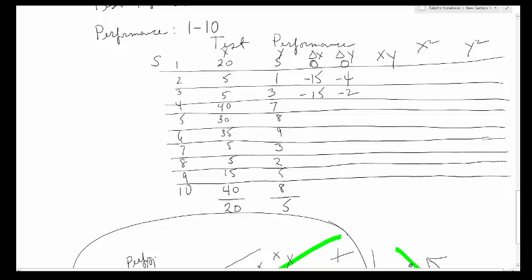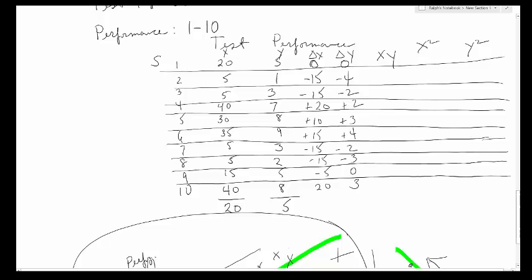And the next is 40 minus 20, a plus 20, and 7 minus 5 is a plus 2. And we do that for the rest. I'm going to fill in the rest here and then come back to you in a minute.